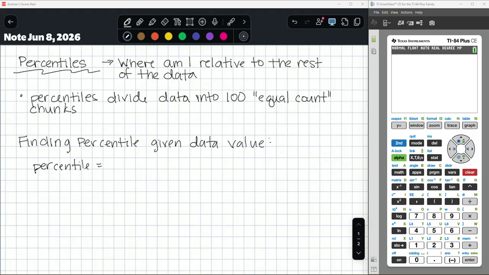To find our percentile, we are going to take the number of data values that are less than, but not equal to, my data value. Then I'm going to add to that 0.5 times the number of data points equal to x.